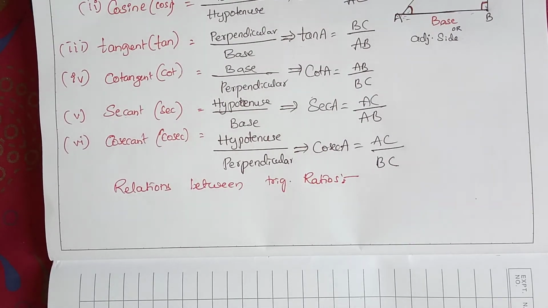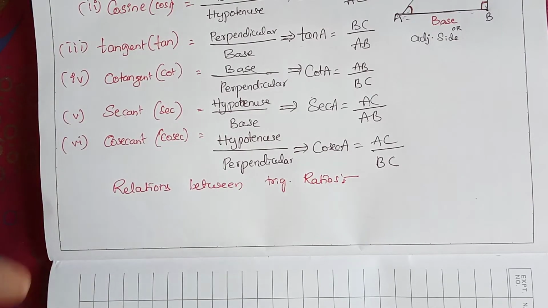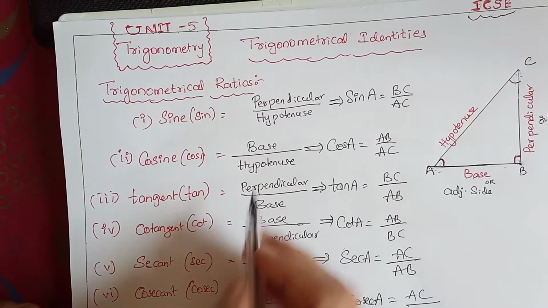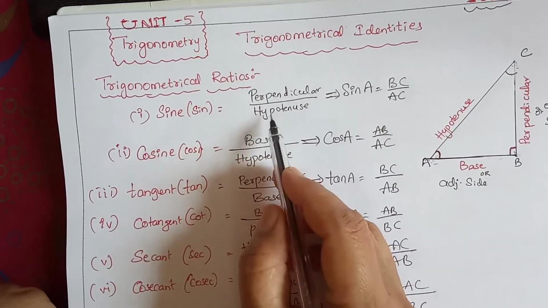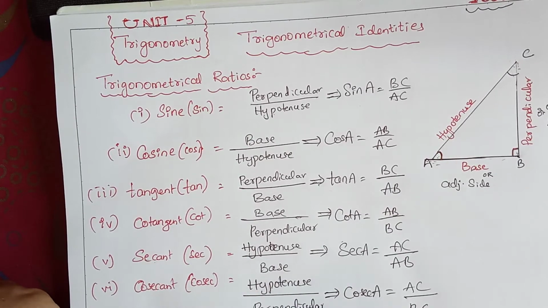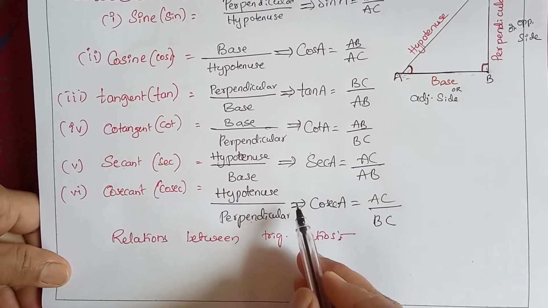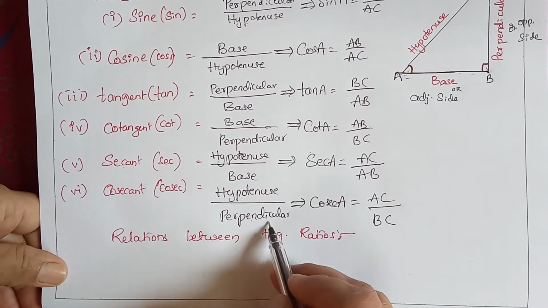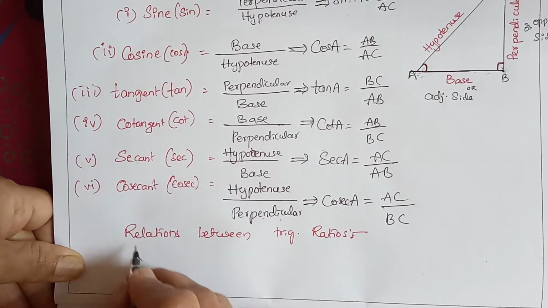Suppose if I take sine A, what is sine A? Perpendicular by hypotenuse. What is cosec A? Hypotenuse by perpendicular. That is what we are going to discuss now.